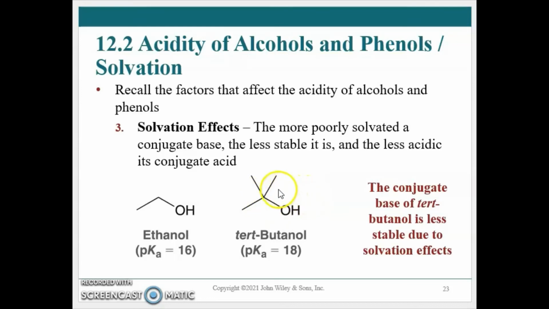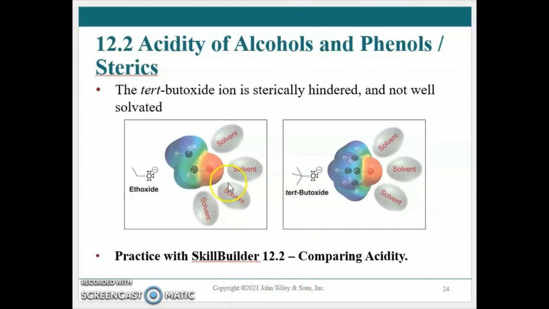The solvent molecules are sterically hindered from aligning with the negative charge on ionized t-butanol, so it is less stabilized, which reduces the acidity of t-butanol. This figure shows what I was just speaking about, the number of solvent molecules that can fit in here.